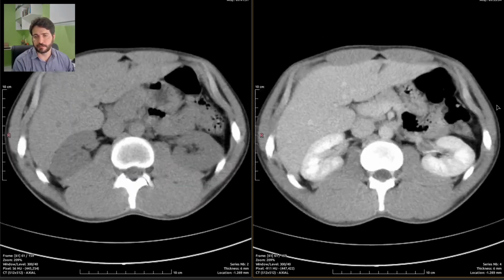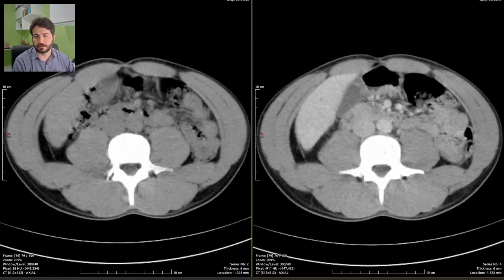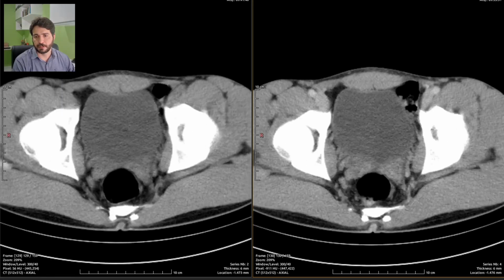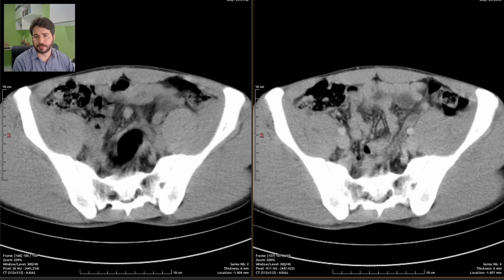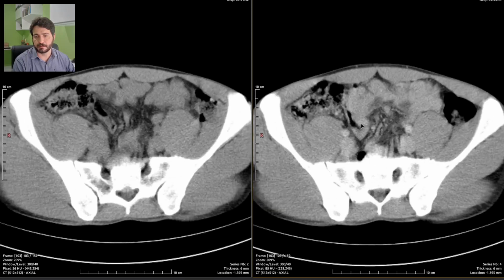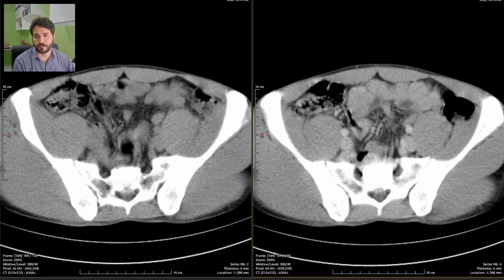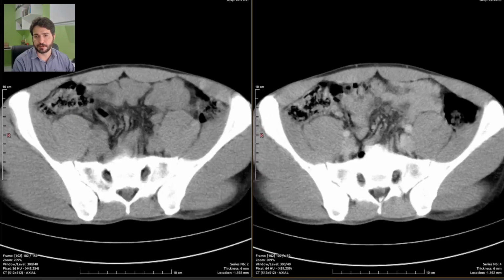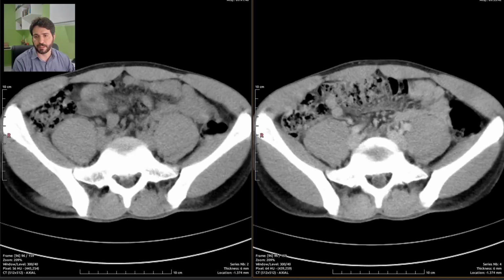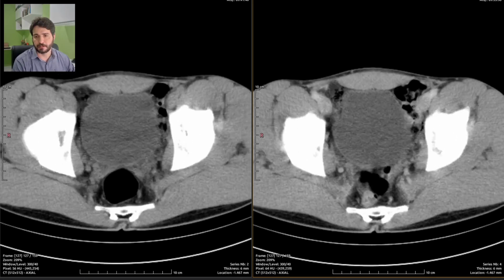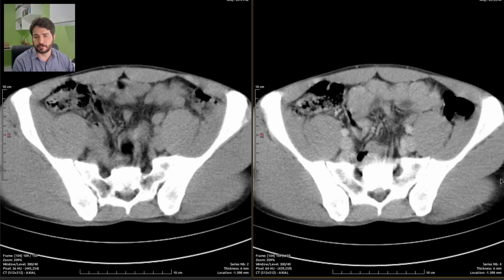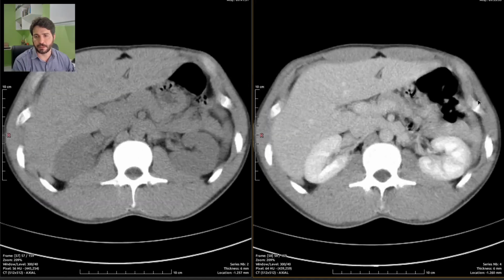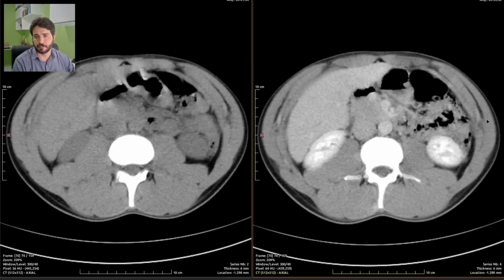Colon is fine. Colon is awesome. Is it possible to see the appendix here? I guess it's around here somewhere, but I can't really tell because this is a very bad scan and there is no rectal retrograde contrast enhancement whatsoever.